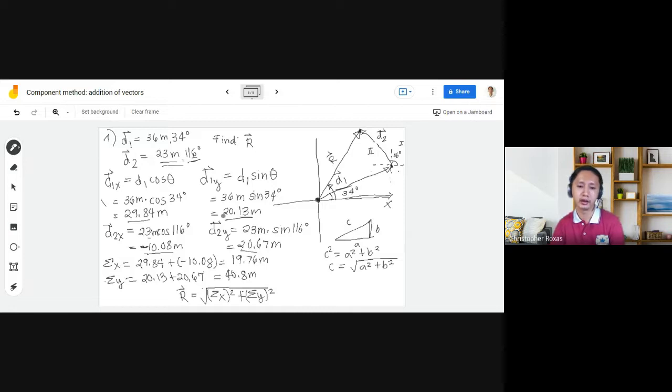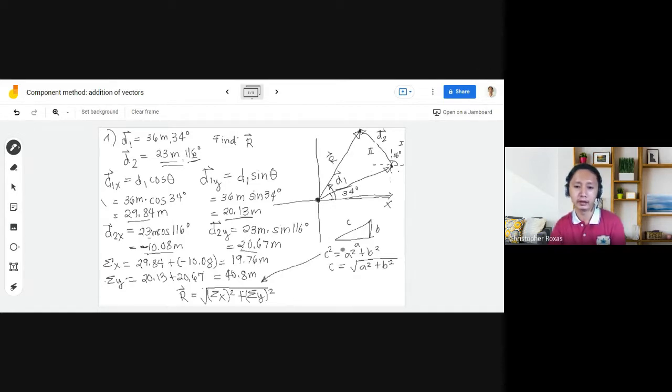So in this method, like I said before, the vector is assumed as the hypotenuse of the right triangle. Okay? So kaya dito siya galing, di ba?